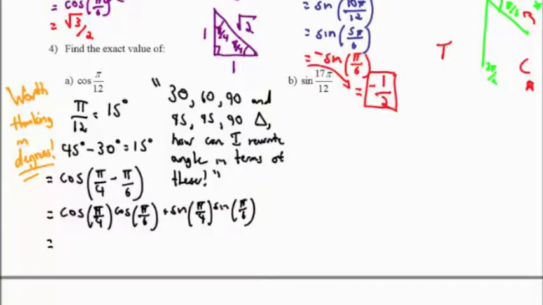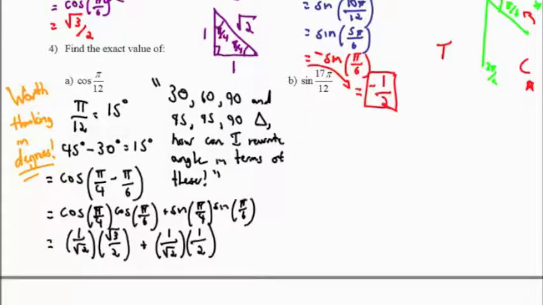And now we can get some exact values. We know again from our triangle that the cosine of pi over 4 is 1 over root 2. The cosine of pi over 6 is root 3 over 2. Plus, again, the sine of pi over 4 is 1 over root 2. And the sine of pi over 6 is 1/2.